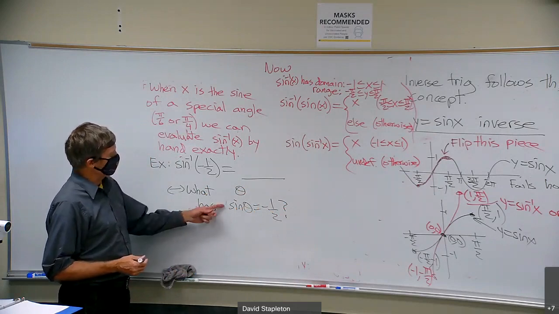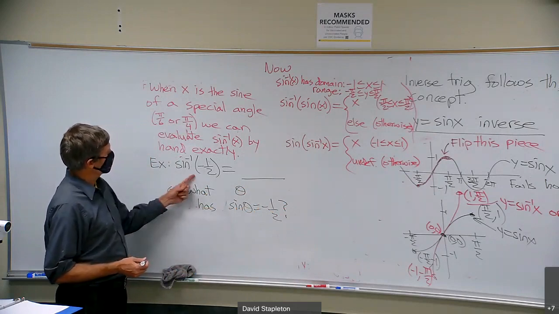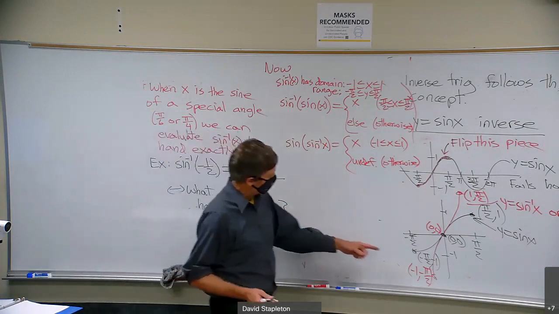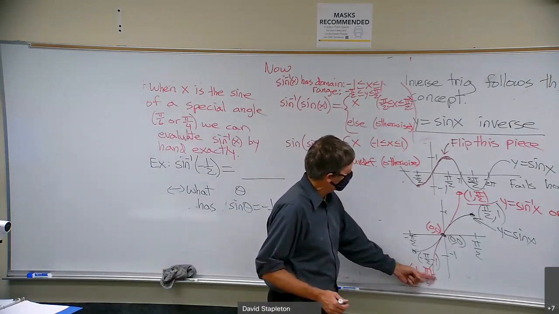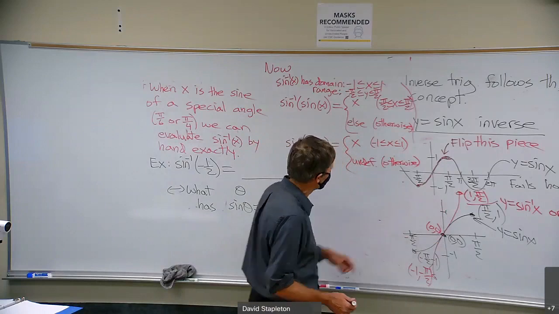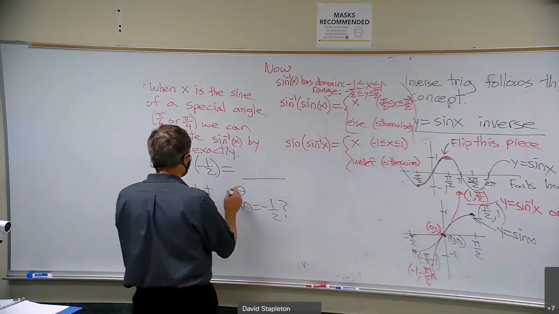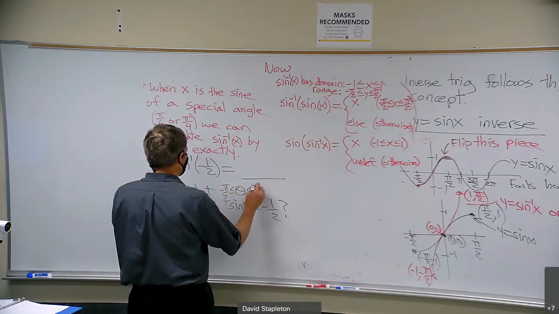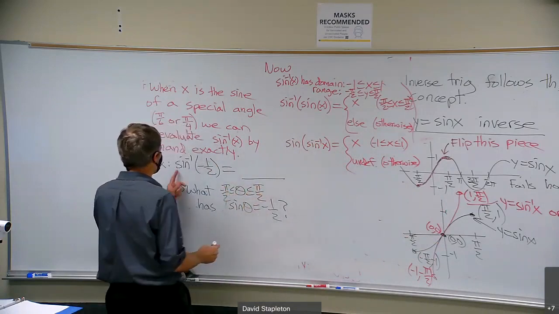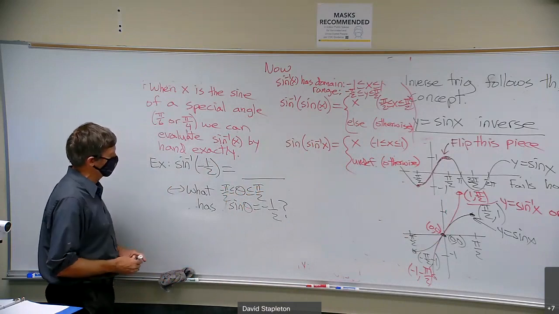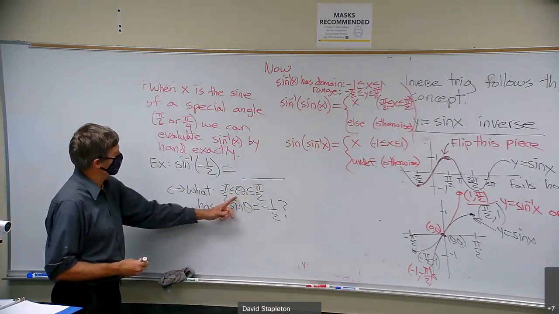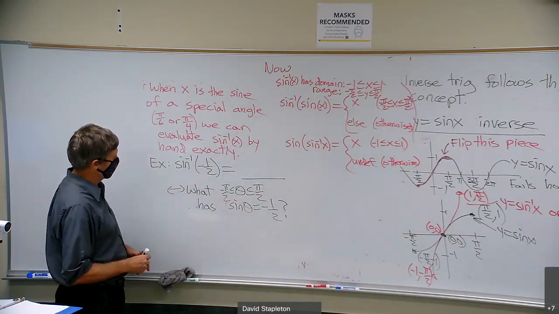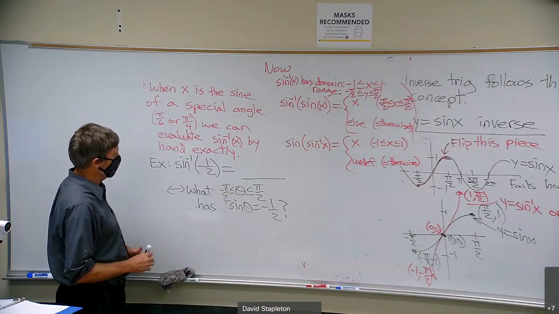All coterminal angles have that same sine, but this asks specifically, the arc sine always gives you an angle between minus pi over 2 and pi over 2. Those are the only angles it can output. So we're really asking, what angle between minus pi over 2 and pi over 2 has sine equal to minus a half? That's what the arc sine of minus a half is. What angle in this range of angles, first to fourth quadrants, has sine equal to minus a half?